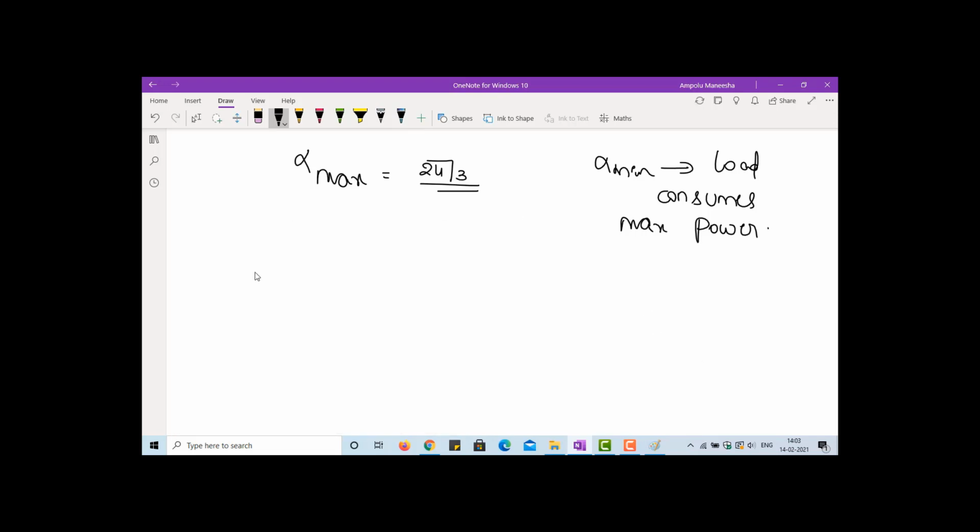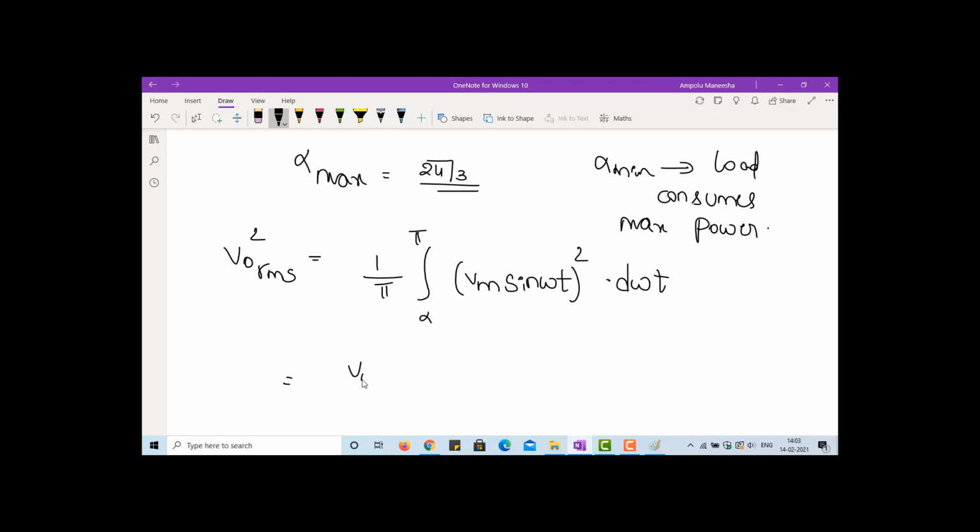So, V naught RMS, again we need to find out, which is given by 1 by pi integral alpha to pi of Vm sin omega t whole square d omega t.